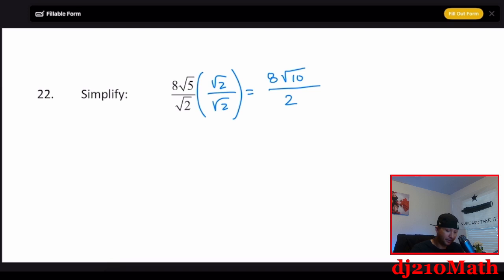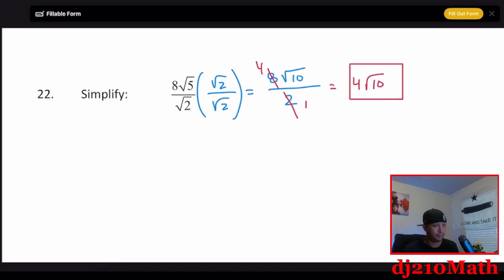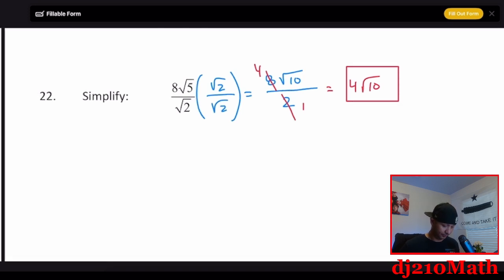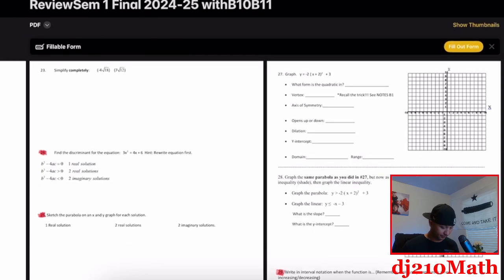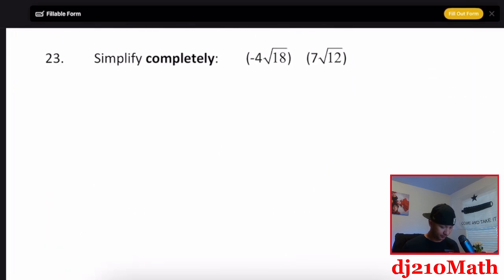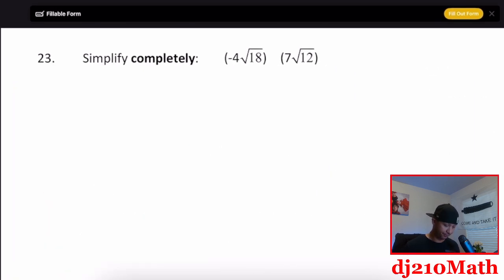And it just so happens the outside numbers can cancel. And this will just be 4 root 10. All right, simplify completely.